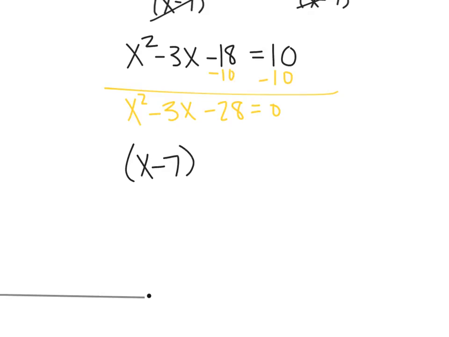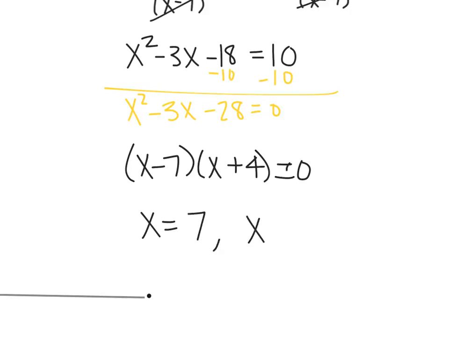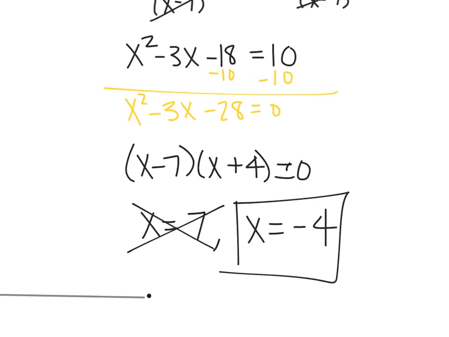X minus 7 times x plus 4 equals 0. So I get two answers for x. My first answer is 7. My second answer is negative 4. Okay. Do either of those conflict with our excluded value? Which one? So that means that really this one can't be an answer and I only have one answer of negative 4.